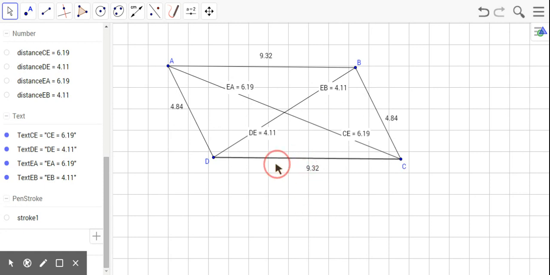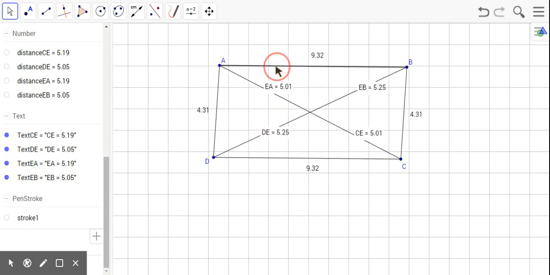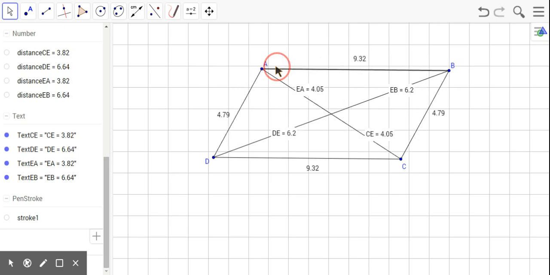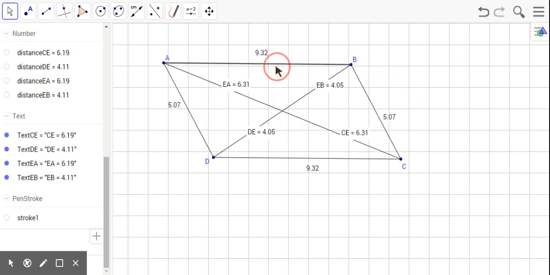Okay, go ahead and pause the video and with your group discuss some of the conclusions you can make. Okay, what I hope you saw is that no matter how much I move this parallelogram around, our diagonals carry this property where this and this part of it are always going to be equal.